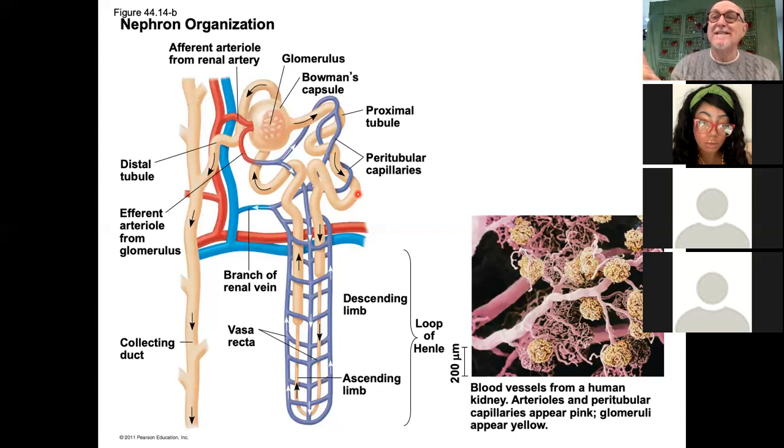When somebody has a urine test for drugs, what you're picking up in that urine test are drugs that have been secreted into the proximal tubule here. Now, the fluid is rich in urea, but it's also rich in salts as well. And the body now needs to regulate.